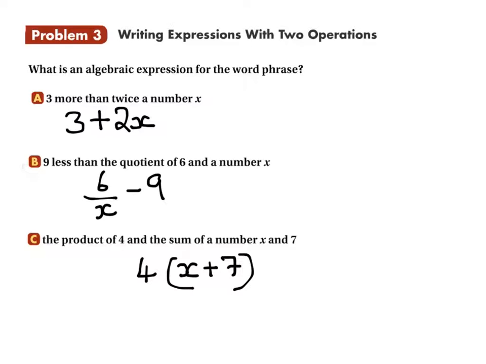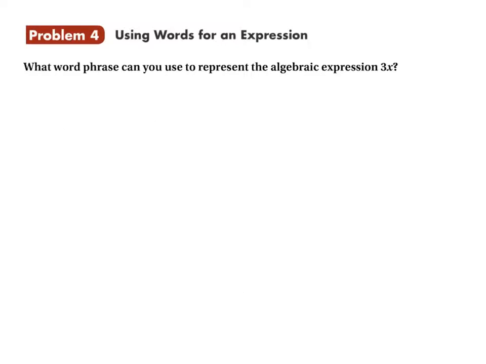In this case, we had to write the algebraic expression and the word phrase was given. But in some cases, we may have to write the word phrase when the algebraic expression is given. For example, what word phrase can you use to represent the algebraic expression 3x? This is nothing but 3 multiplied with x. So we can write the word phrase as the product of 3 and a number x.